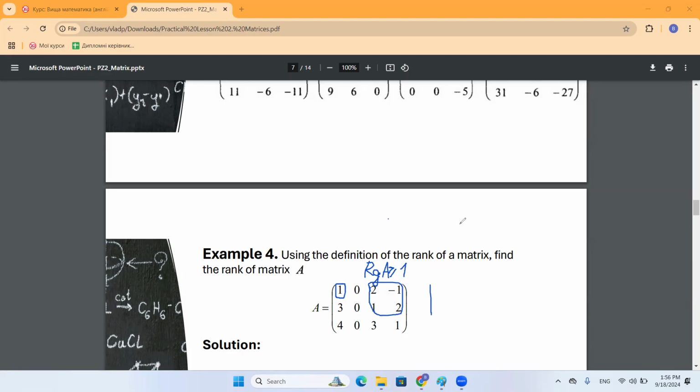We will discuss it later, but we can select any minor of this matrix. We just use the definition of the rank of the matrix. It was a good question. Okay, for now let's just go with this minor.